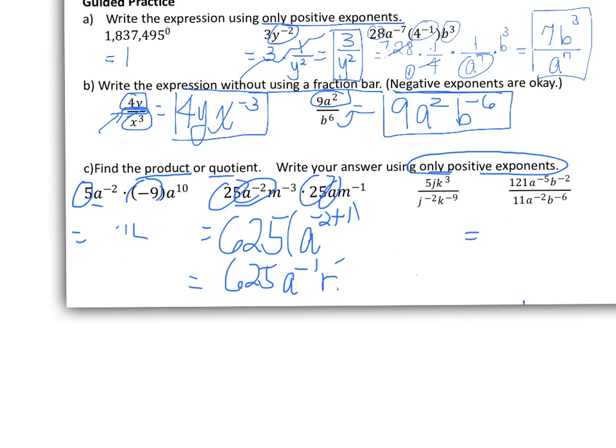Let's simplify 121 and 11. Okay, get 11 in the numerator. And I'm going to move -5 to the bottom because I can end up with a bigger power. Alright, and I'm going to move b to the -6 power to the top. So I get a positive 6 power. And let's keep this one.